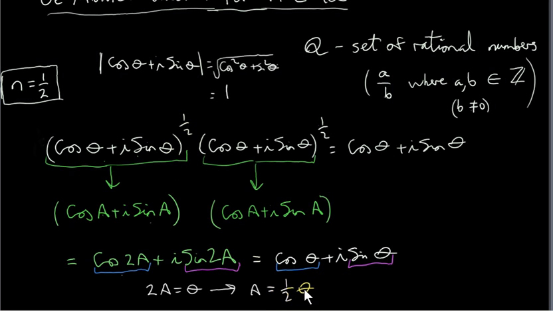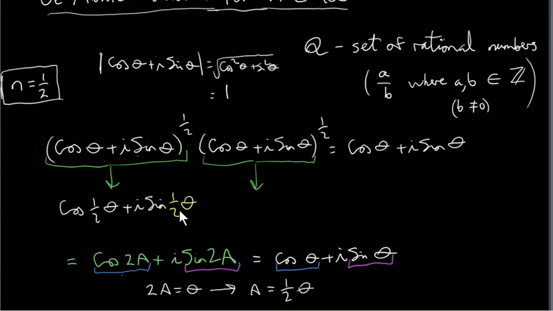And so this is it here. a is a half theta. So we can multiply a half by this angle. So this is one of the values. So de Moivre's theorem is true for n equals a half.